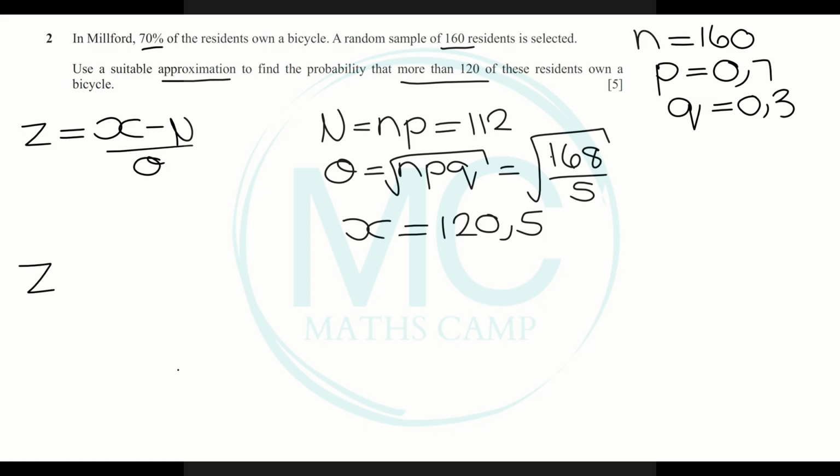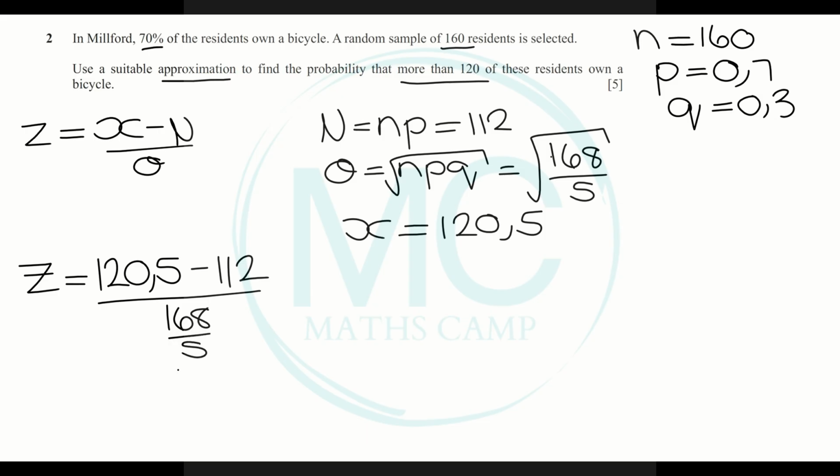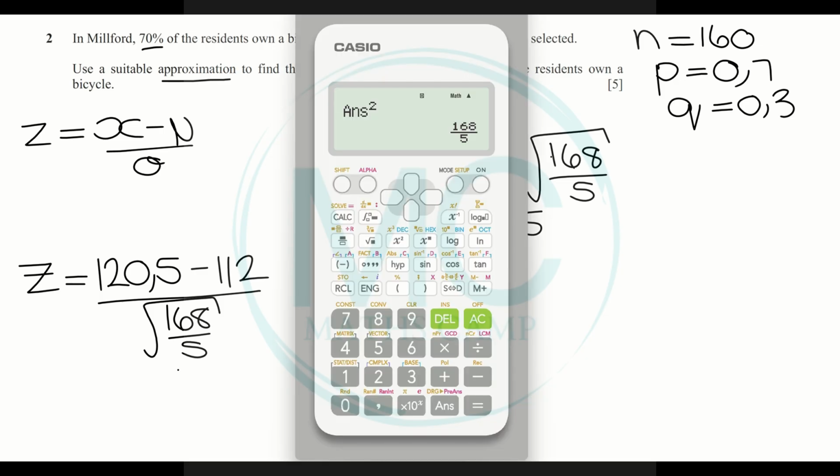Now I can put these values into the formula. I'm going to say z is equal to 120.5 minus mu, 112, over 168 over 5, all under a square root. Now I can take my calculator.